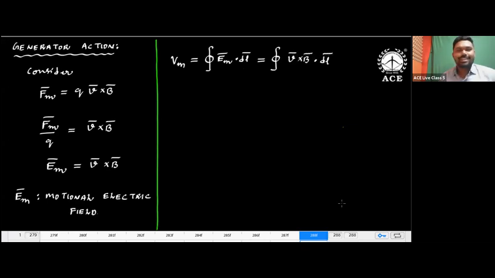This is called motional voltage. So from here you got that VBL sin theta.